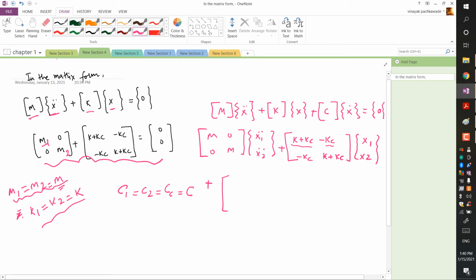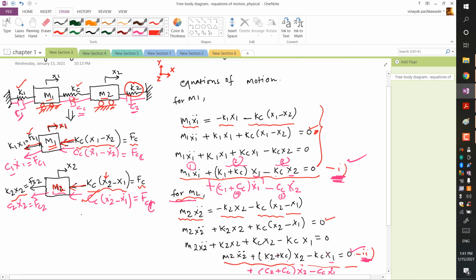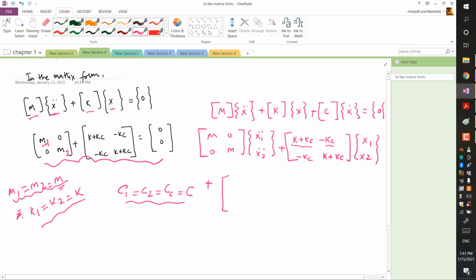We now have to find the coefficients for x1 dot and x2 dot, and then we equate these to the external forces, which are set to 0.